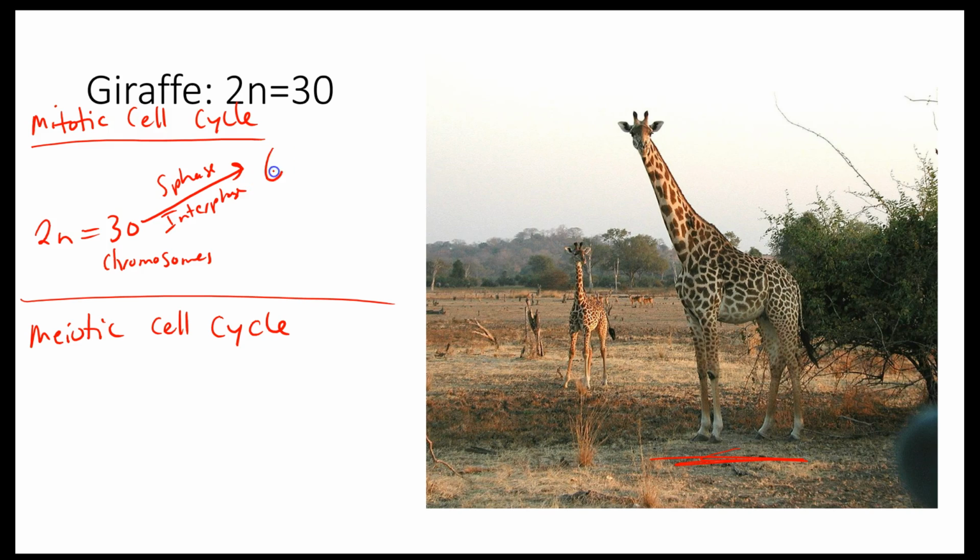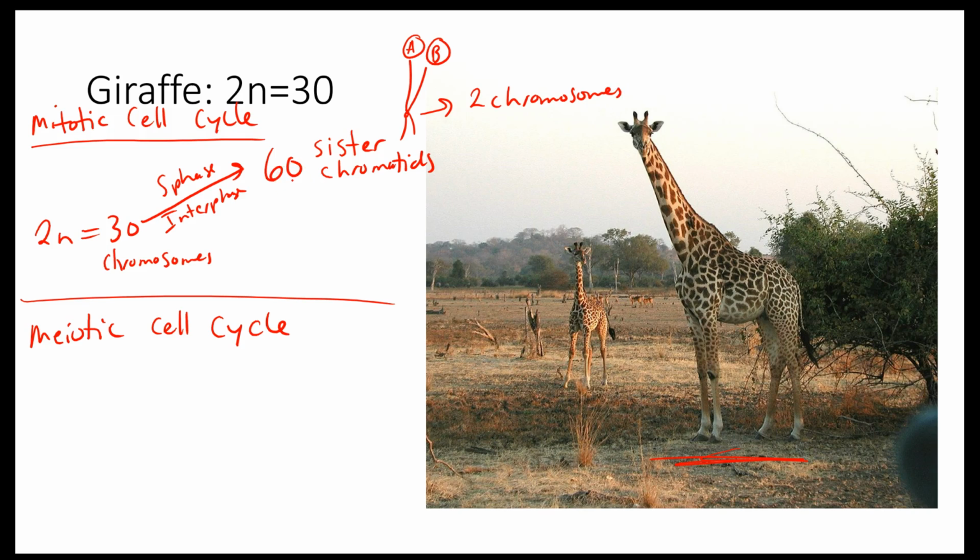So we double that number and we say 60, but really what we're talking about now are 60 sister chromatids. So that's 60 duplicated chromosomes. This would go on to be one chromosome, and this would go on to be another chromosome. So that's ultimately going to represent two chromosomes down the line.